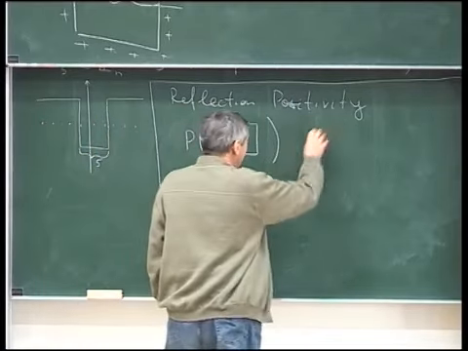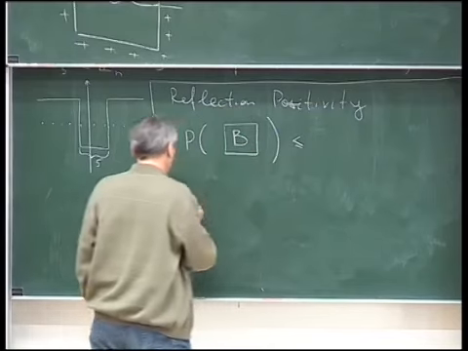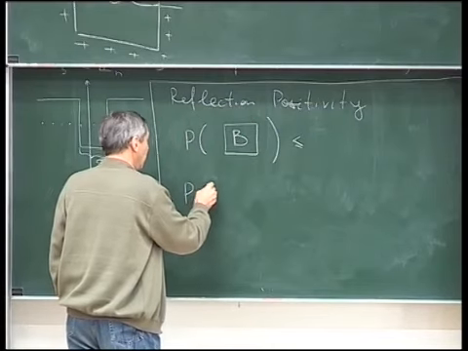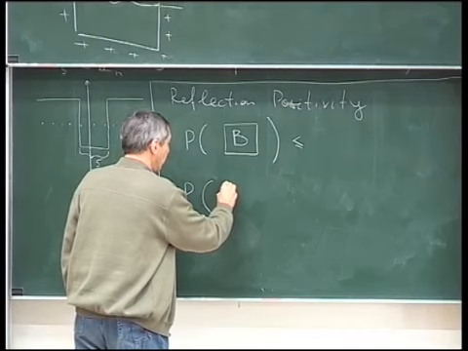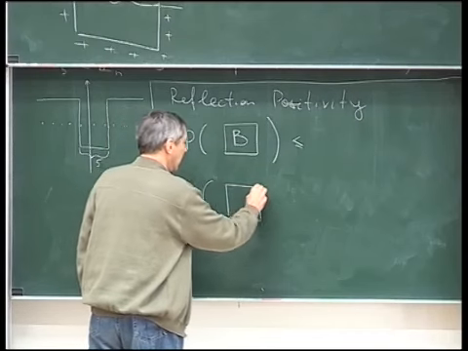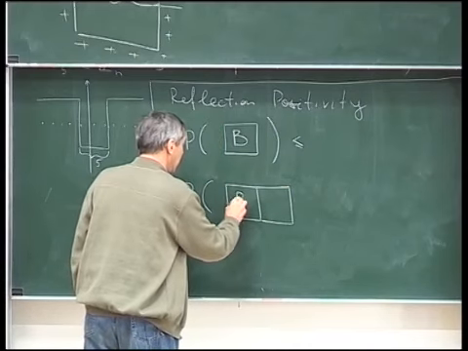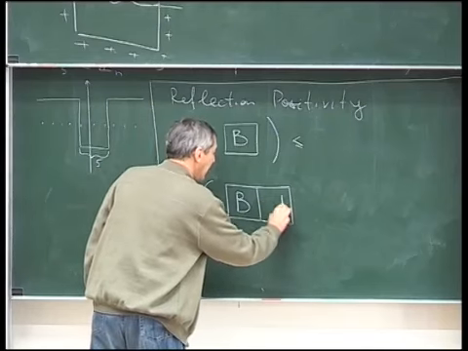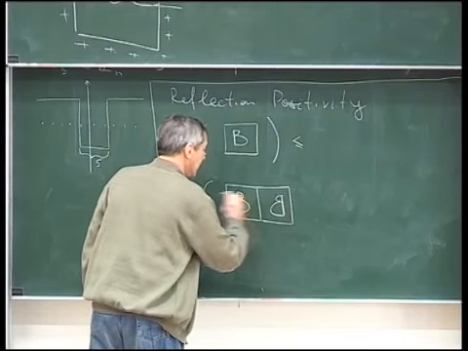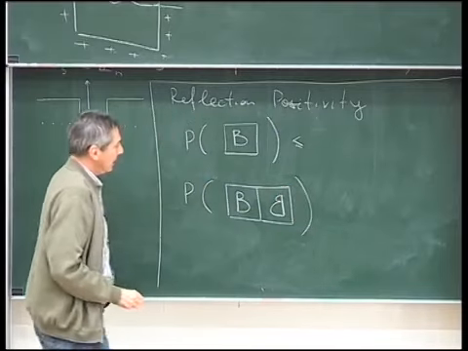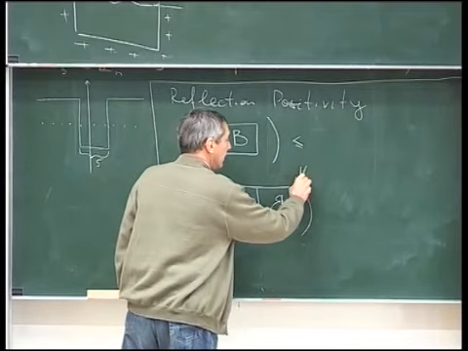And in the setting where reflection positivity holds, you have the following bound. You should take your box, and then you should repeat it again. You put that same event here, and you put a reflected event there. Okay? And then you put 1/2 here.